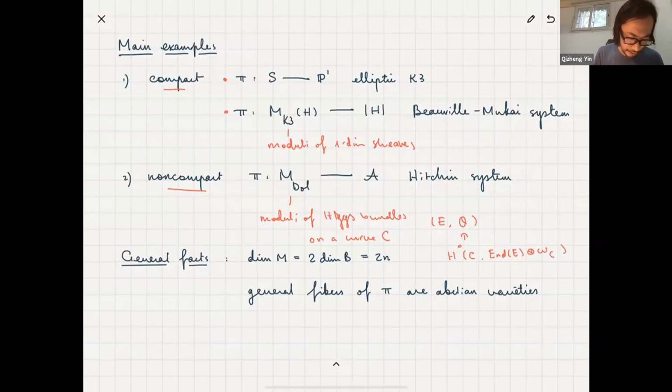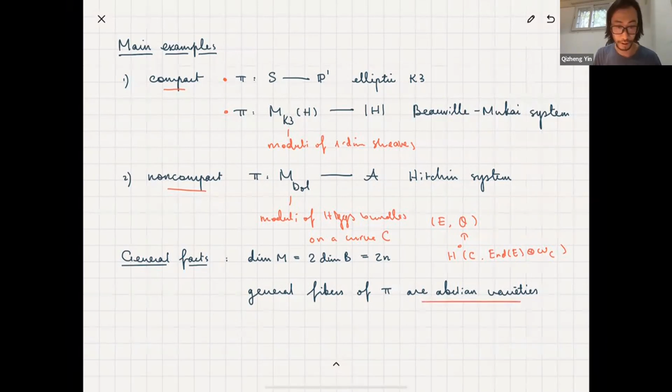There are some general facts about Lagrangian fibrations. Since we start with a symplectic variety, the dimension will be even, and the dimension of the base and the dimension of the fibers will each be half of the dimension of the total space, and the general fibers of the fibration will be abelian varieties.